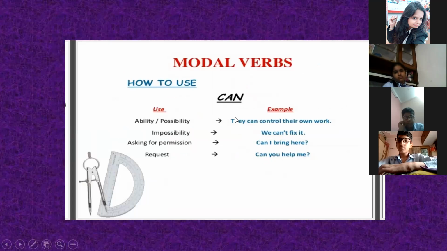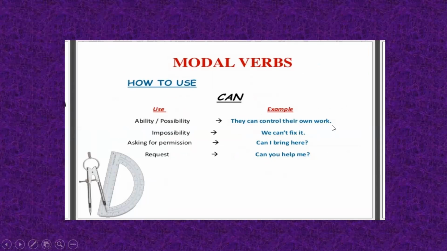Now let's talk about the situations where we use certain types of modals. Moving to the first type of modal, that is can. When do we use can? Can is first used to express the ability and possibility of anything. For example, they can control their own work.